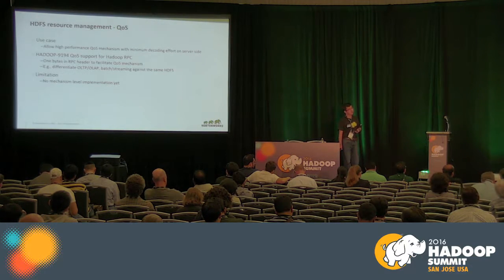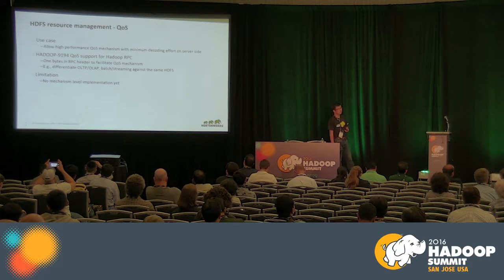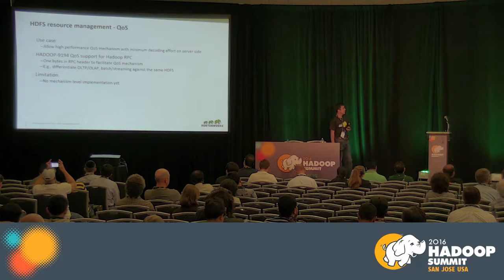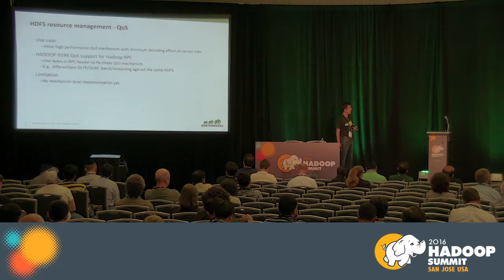And the throttling is only part of the resource management. The end goal of resource management is to have some sort of guarantee for the performance. And QoS is one of the features we want to look at. One of the Hadoop JIRAs that caught our attention is Hadoop 9194.